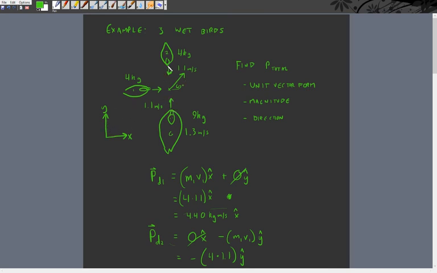So we know it should actually kind of cancel out the negative y component of momentum for this duck. So we would expect it to go in the positive y direction. And look, there's only one bird going in the x direction, either positive or negative. So we know the overall momentum has to be in the positive x direction.